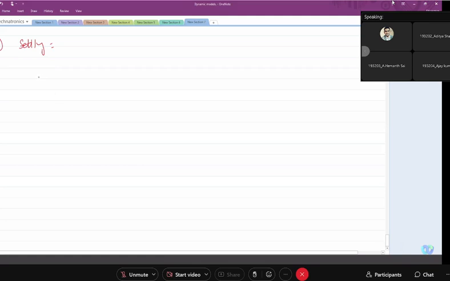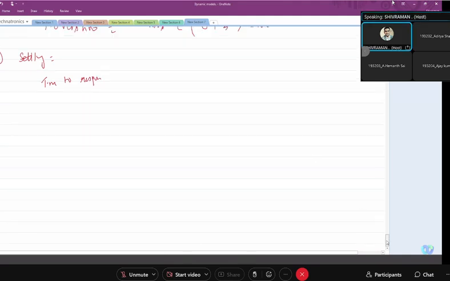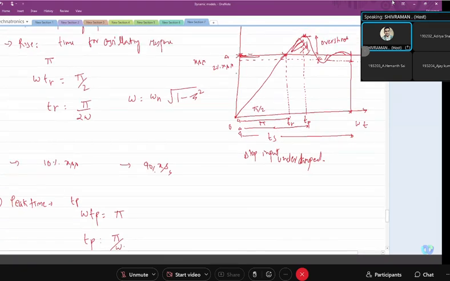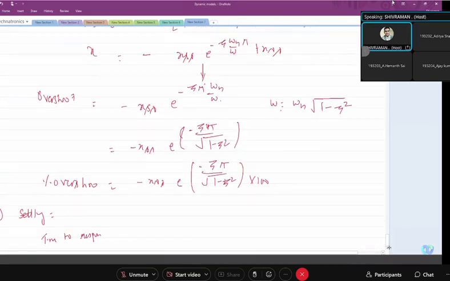So this is time of response, time taken by a response to reach the steady state. Here we are considering that settling time Ts is reaching at 2% of steady state value.